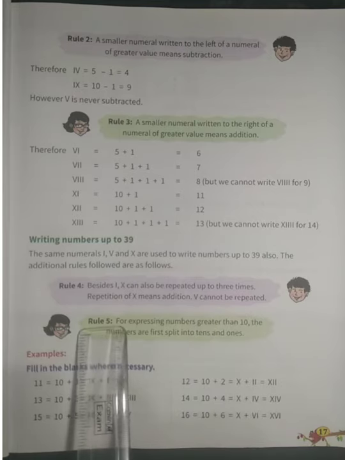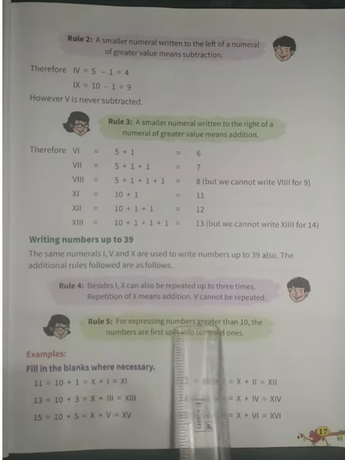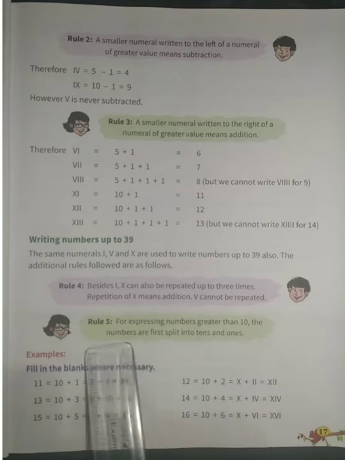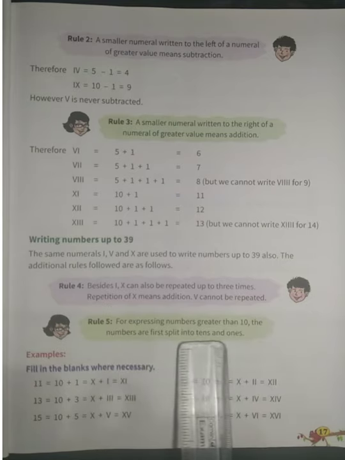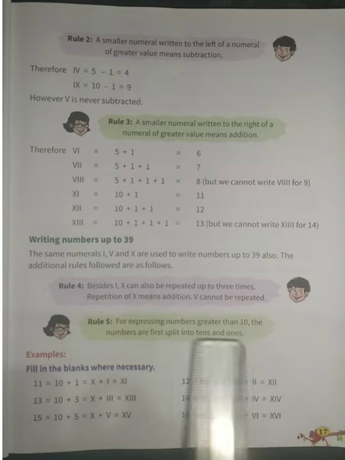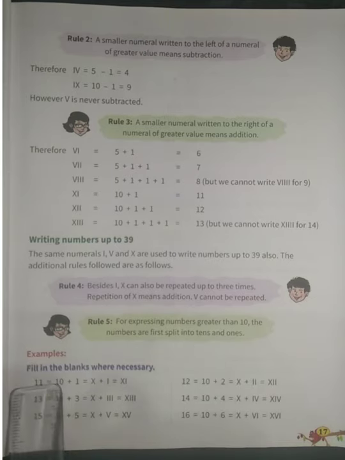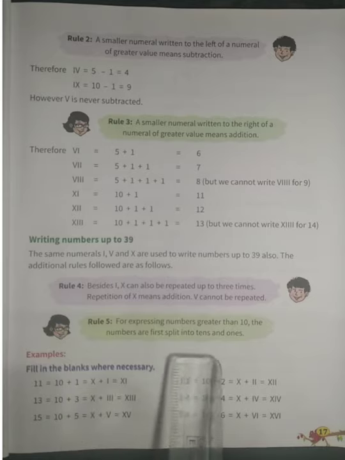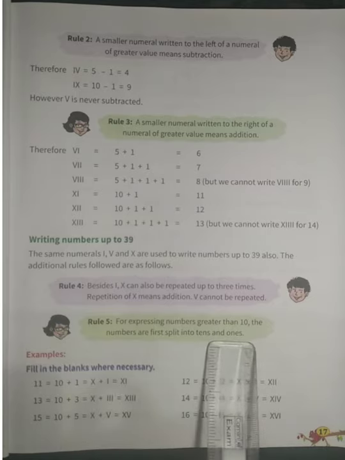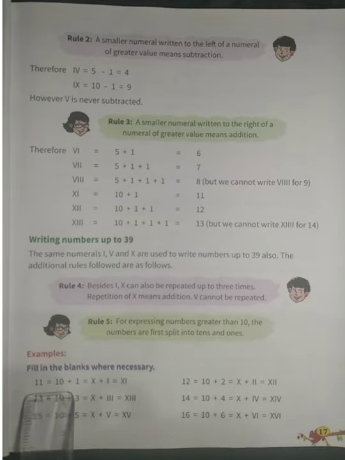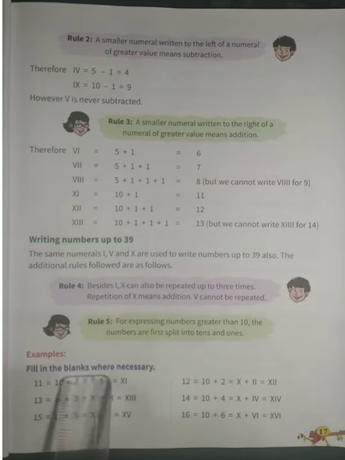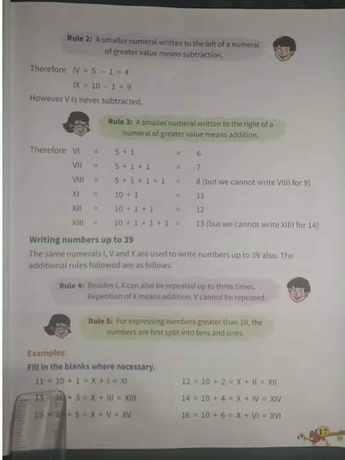Then rule number 5 is, for expressing the numbers greater than 10, the numbers are first split into tens and ones. It will be easy for us to understand when we split the given numbers into tens and ones while writing the Roman numbers. For example, you can see they are telling in examples, fill in the blanks where necessary. Few are done for us. So we shall have a look at it first.